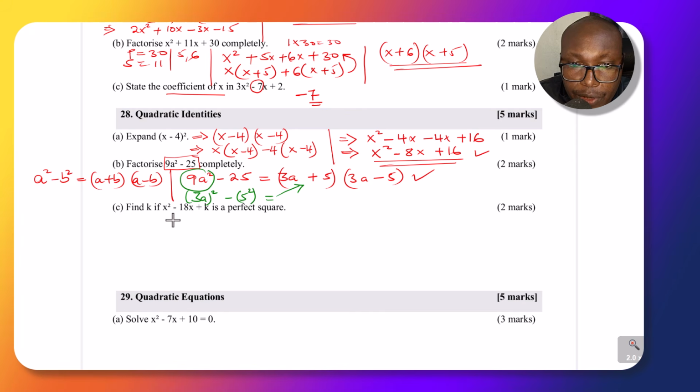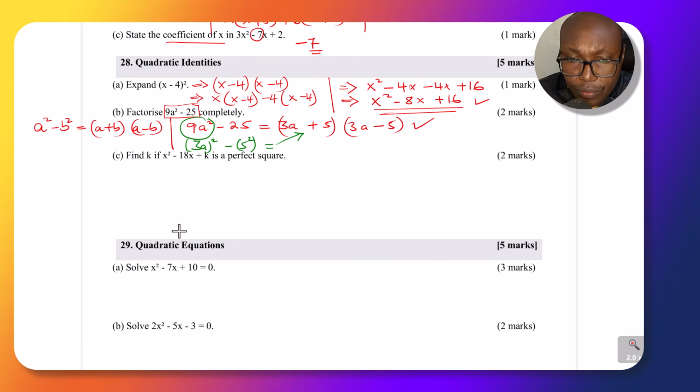Part C, find k if x squared minus 18x plus k is a perfect square. If this is a perfect square, then this is how you get the last term. In a quadratic expression, you have the first term, the middle term, and the last term.